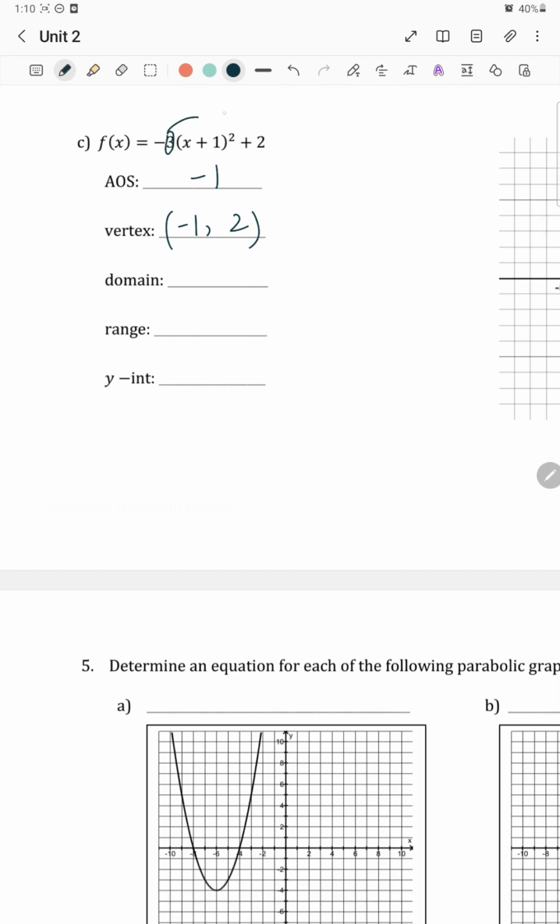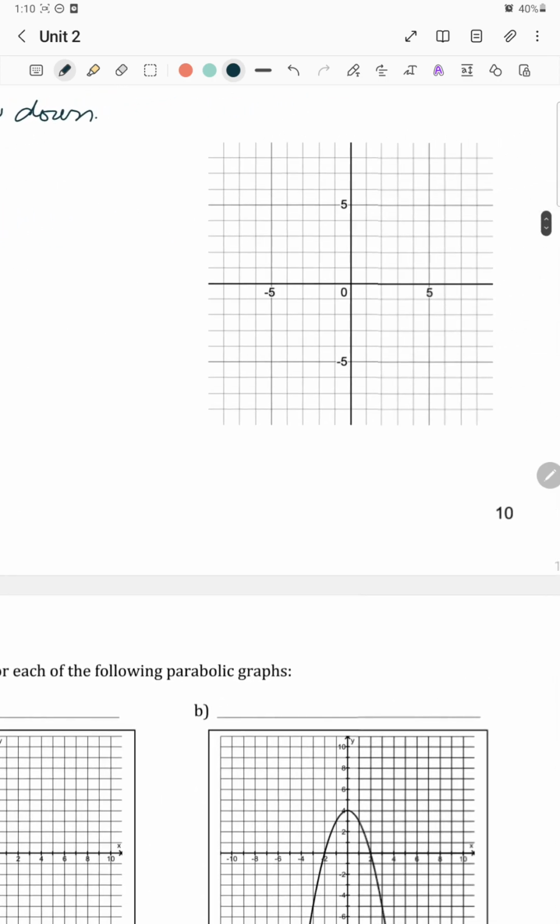It's minus 1 and 2. It means it's going to be narrow. Negative means it's going to be downwards. So minus 1 and 2.